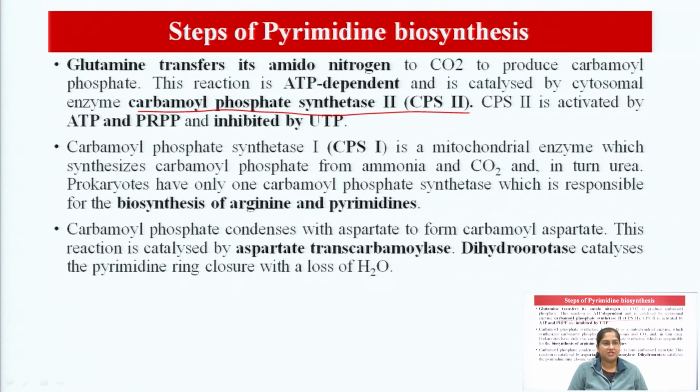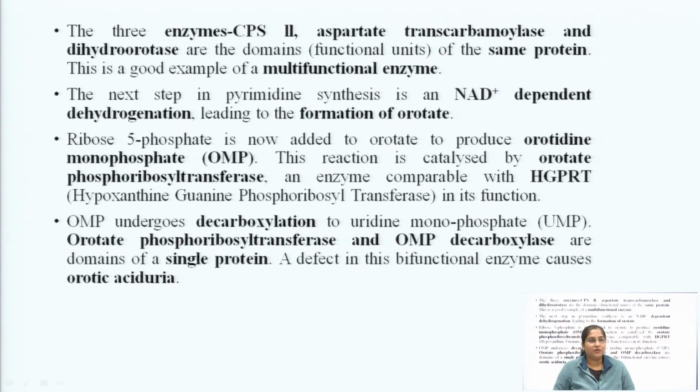This reaction is catalyzed by aspartate transcarbamylase, and dihydroorotase catalyzes the pyrimidine ring closure, with the loss of one water molecule. There are three enzymes working here: CPS2, aspartate transcarbamylase and dihydroorotase.